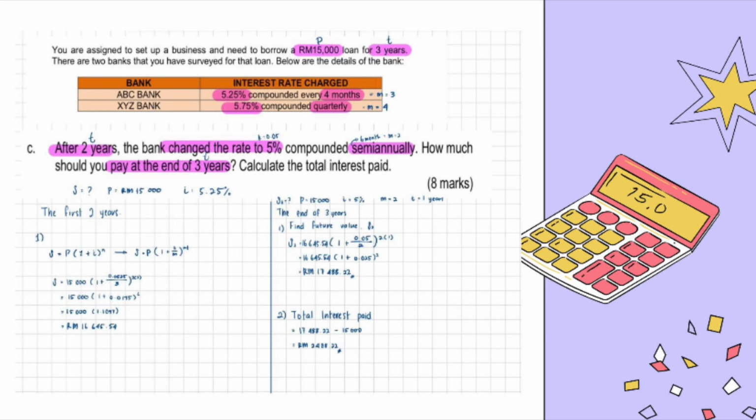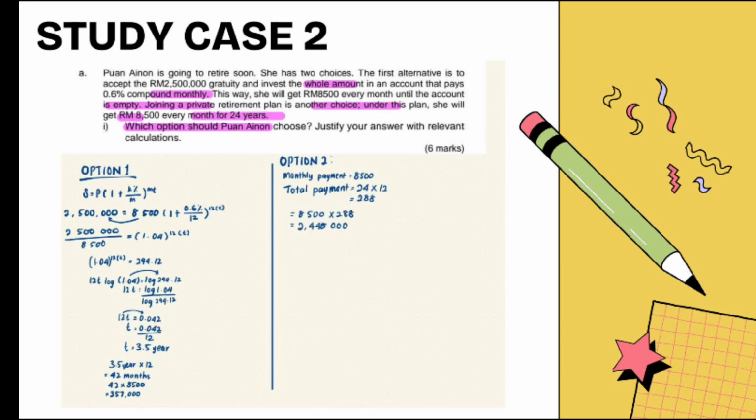So the total interest paid will be RM17,488.22 minus 15,000, which equals RM2,488.22.